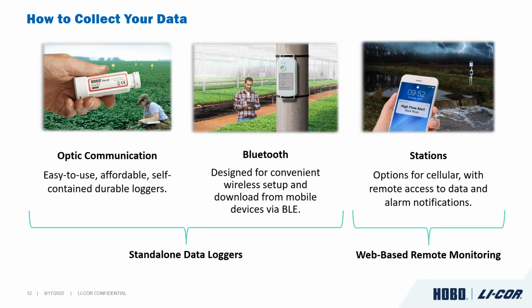There's no need for any cables. It is designed for convenient wireless setup, so you do not need to remove it and connect it to a cable and your computer. Finally, we have our web-based remote monitoring system. Those are our weather stations, and that is going to rely on a cellular connection. So again, as you can see, depending on your needs, we most likely have something that's going to fit those.